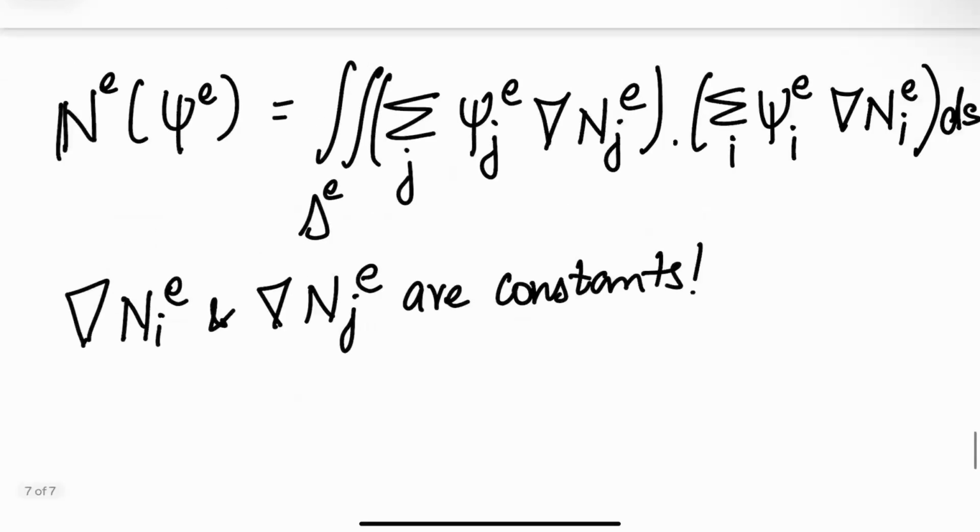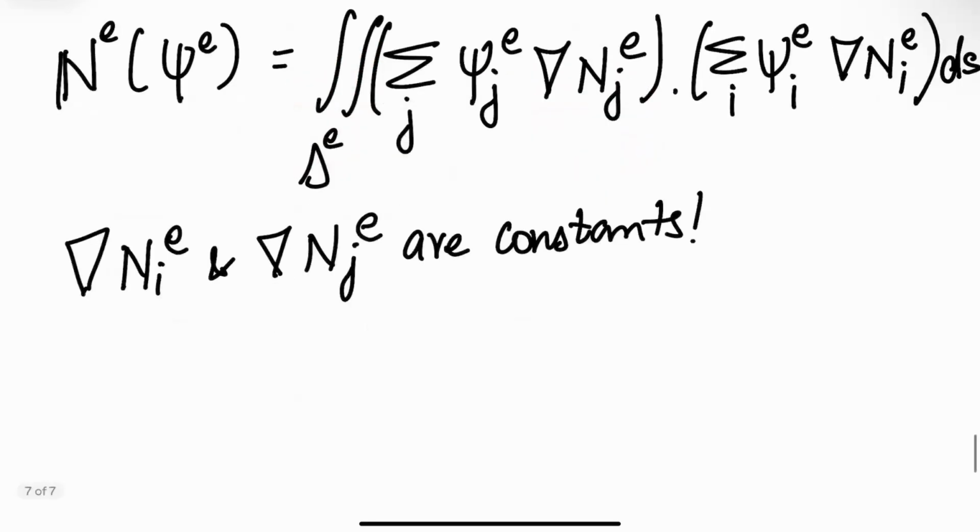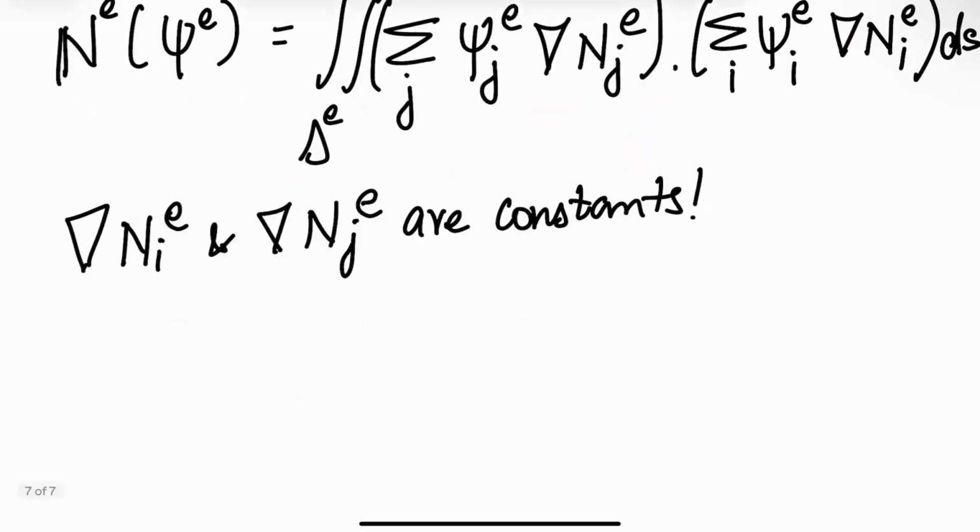Since it's a constant, this is no longer a function of x and y once I take the gradient. So when I integrate, I can basically pull this outside the integral. Okay, and that's the big advantage of using these linear interpolation functions.